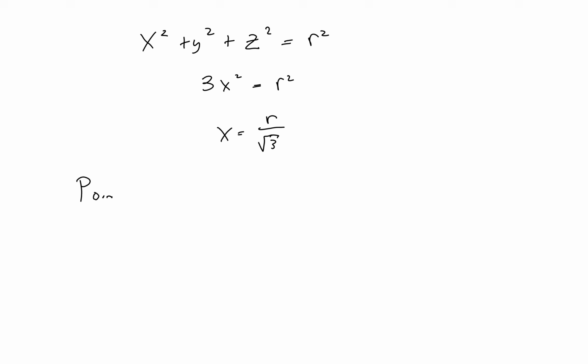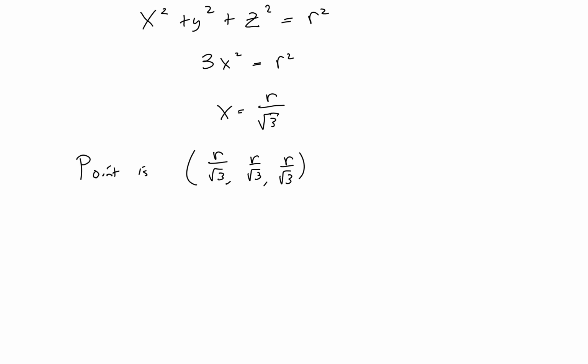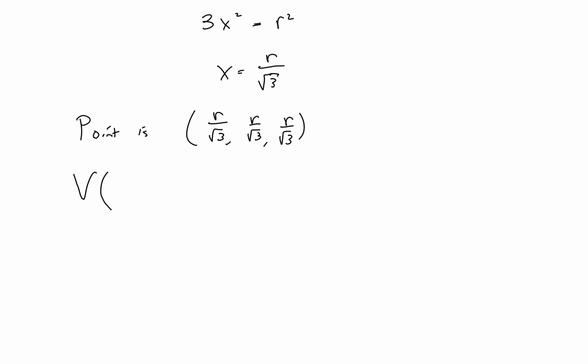So our point is r over square root of 3, r over square root of 3, r over square root of 3. And that gives us a volume, this is 8 times r cubed over 3 to the 3 halves.